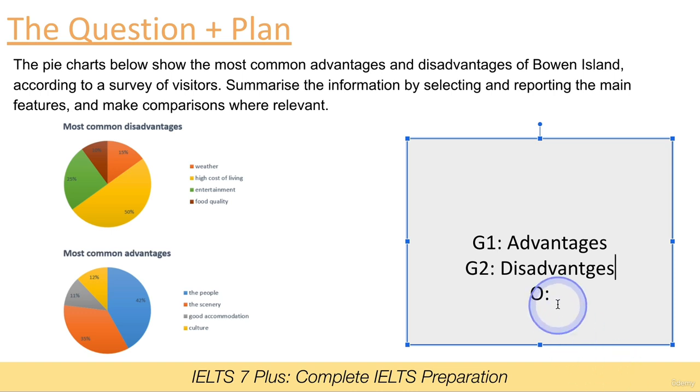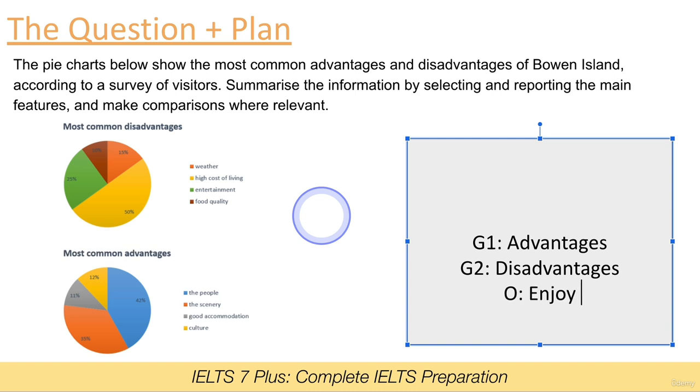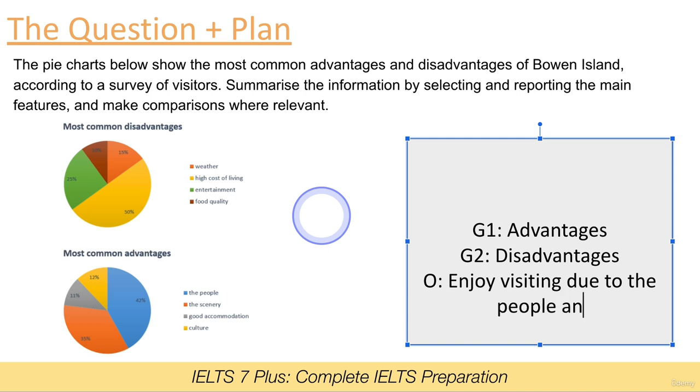Right, okay, so on the whole then, let's spell this correctly. On the whole, our overview, holidaymakers seem to enjoy visiting Bowen, visiting due to the people and the scenery.